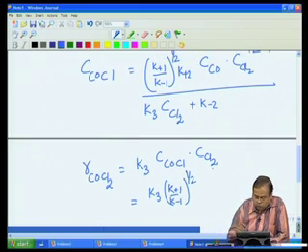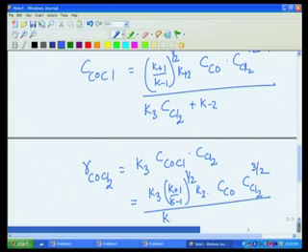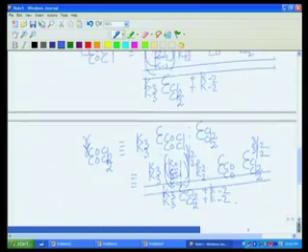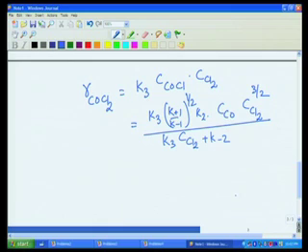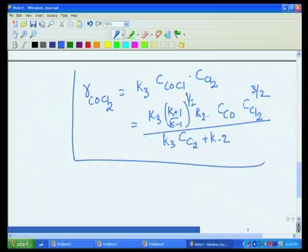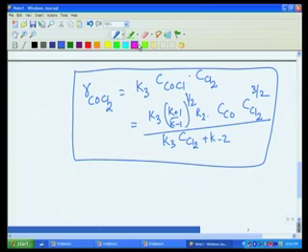I am just substituting, and so this is my rate for mechanism A.